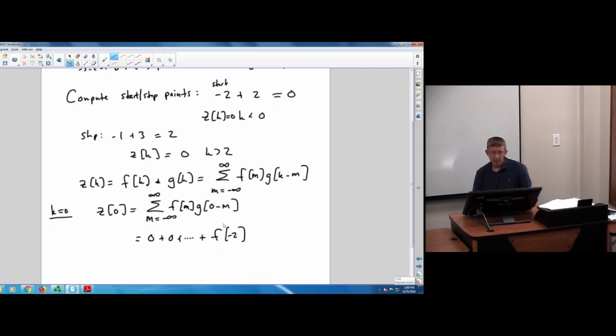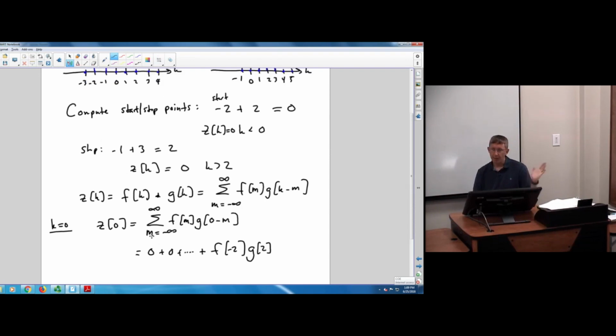If m is minus 2, minus minus 2 is 2, and I get f of minus 2 times g of 2. What's the next term? Well, I'm counting up with m. Minus 3, minus 2, minus 1 is the next term. Plus f of minus 1 times g of 0 minus minus 1, which is 0 plus 1, which is 1.